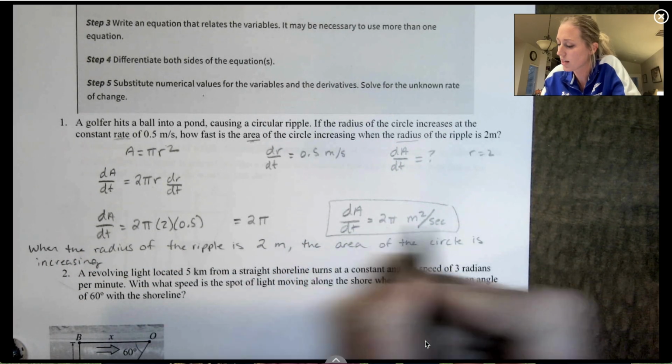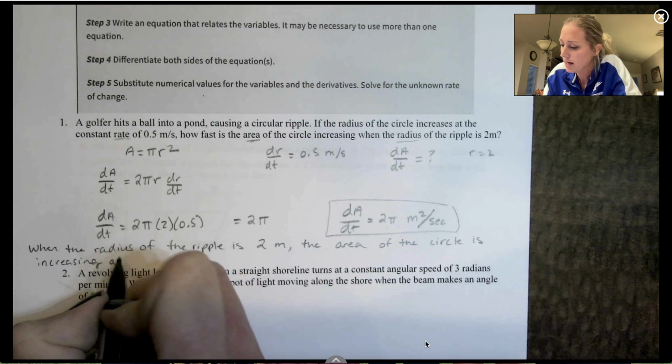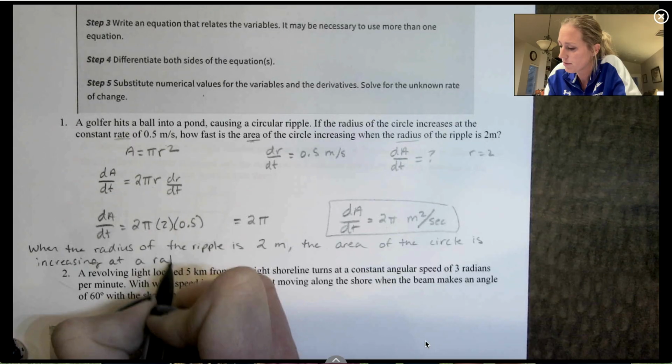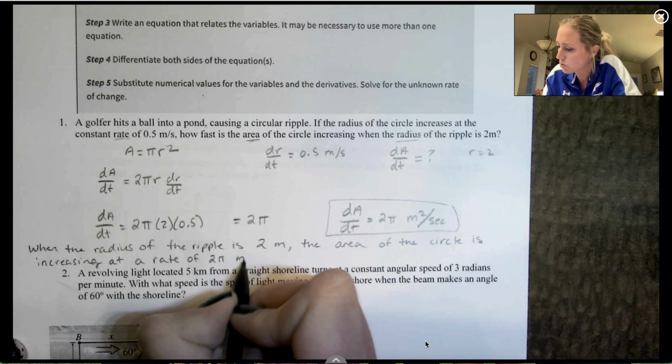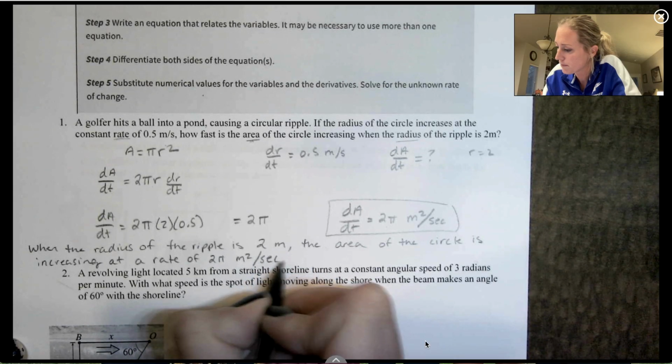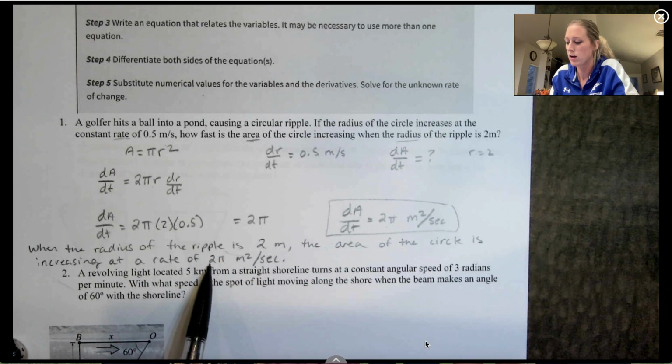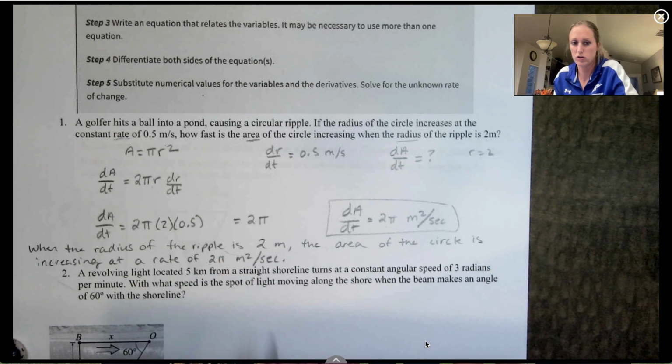So our area is increasing at a rate of 2 pi meters squared per second. So there's our rate and there's our unit.